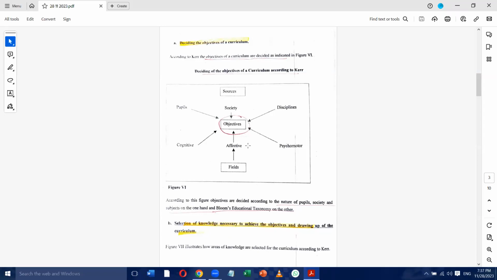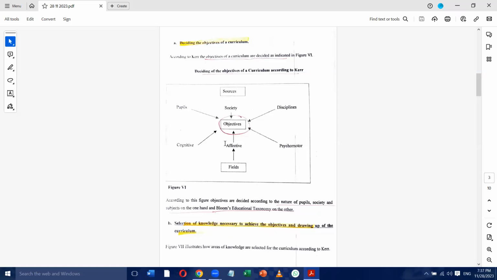Then the affective. The cognitive is the learning, the knowledge based. Then the pupils. You have to consider the pupils, their willingness, their readiness, as we saw in the last class also. Those things should be taken into consideration while constructing the objectives.